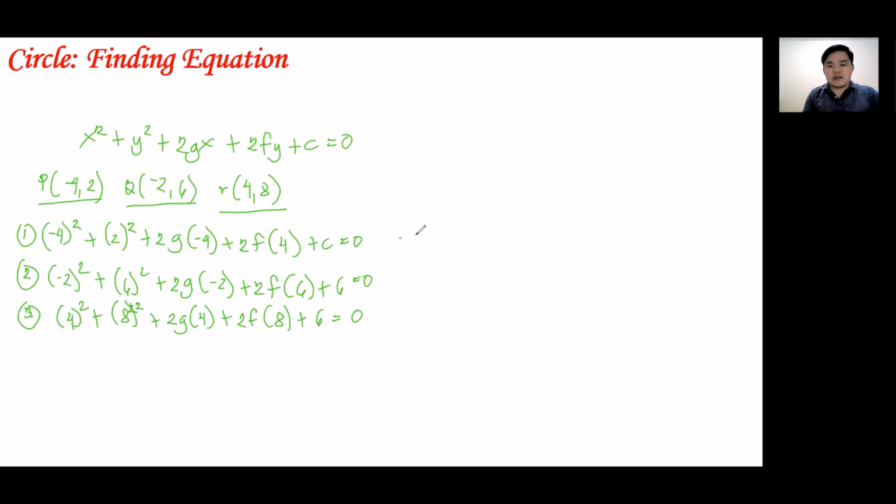Now we're going to simplify these equations. This is now 16 plus 4 minus 8g plus 4f, plus c is equal to 0. Next equation: this is 4 plus 6 times 6, that is 36, minus 4g plus 12f plus c is equal to 0.